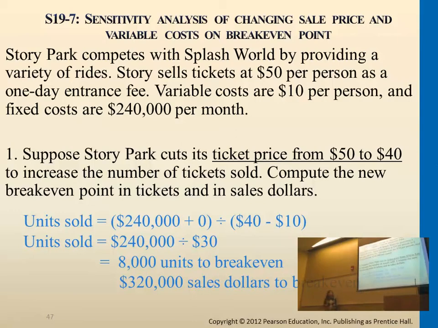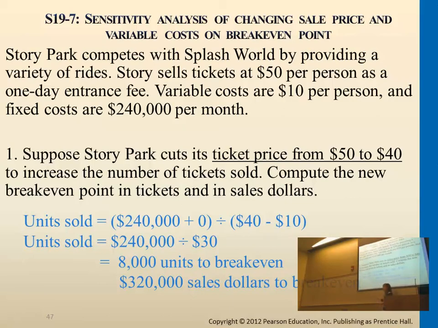You can also use the contribution margin ratio, which will directly give you the $320,000. So if we use the contribution margin ratio, the contribution margin is $30, and you divide it by the new sales price 40, this will give you the contribution margin ratio, and then use this to divide the fixed cost.